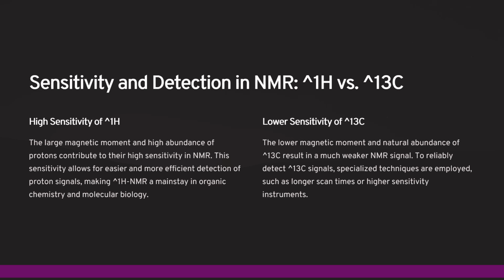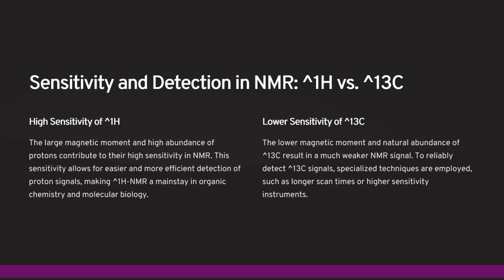In contrast, carbon-13 NMR has much lower sensitivity due to the smaller magnetic moment and lower natural abundance of carbon-13 atoms. With only about 1.11% of carbon being carbon-13, this leads to a much weaker NMR signal compared to protons.